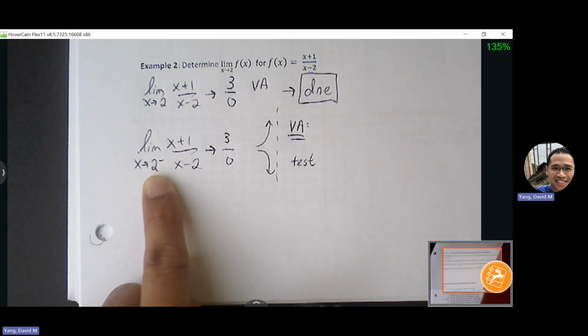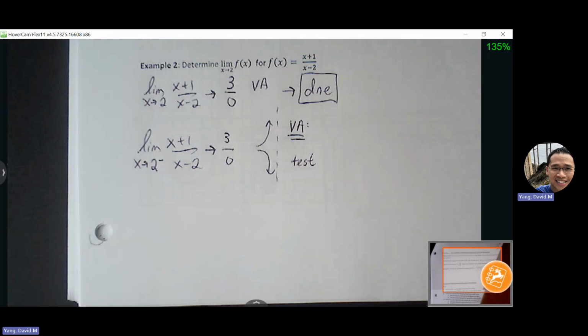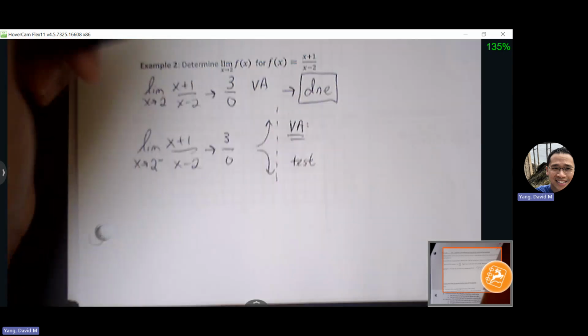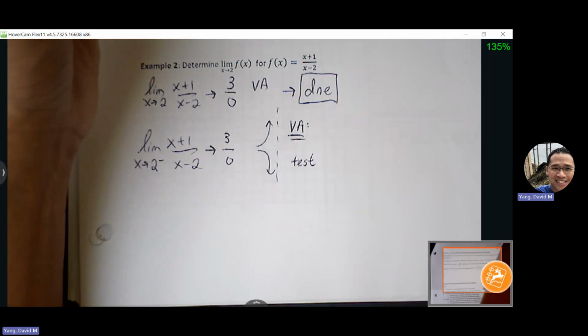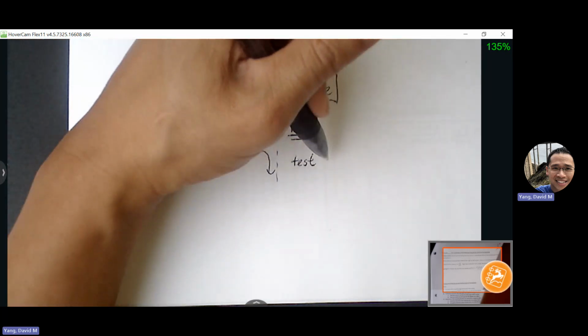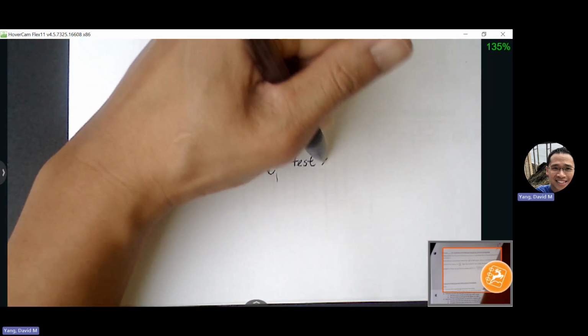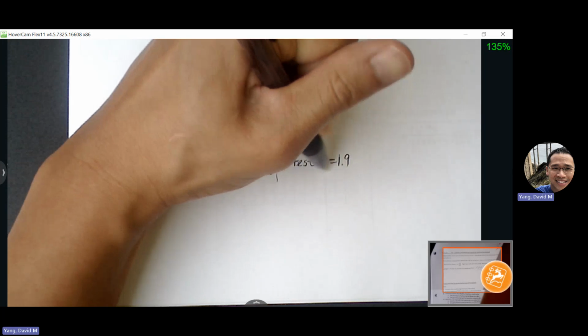So give me a number that is close to 2 on the left side of 2. 1, right? But we're going to get even closer than that. We're going to be just 1/10 away from 2 so that if there are any issues, we can catch them. So we do want to pick a number to the left of 2, but a little closer than 1. We're going to test x equals 1.9.